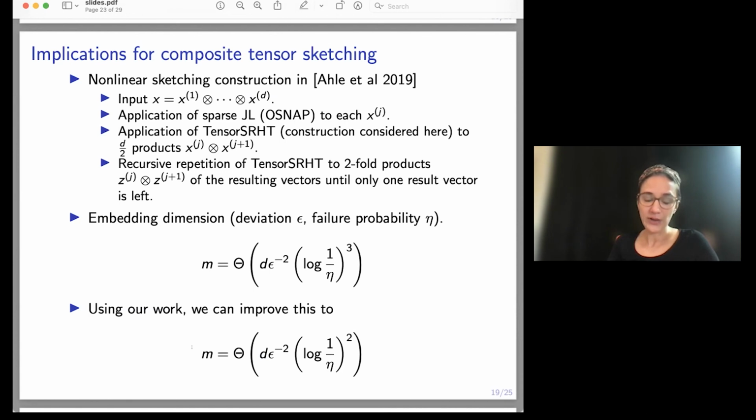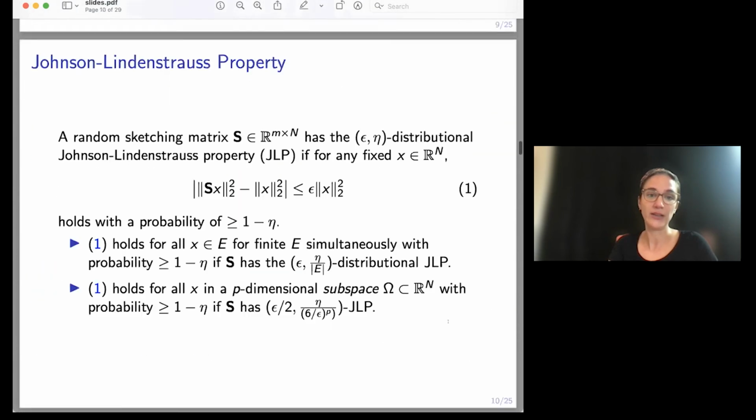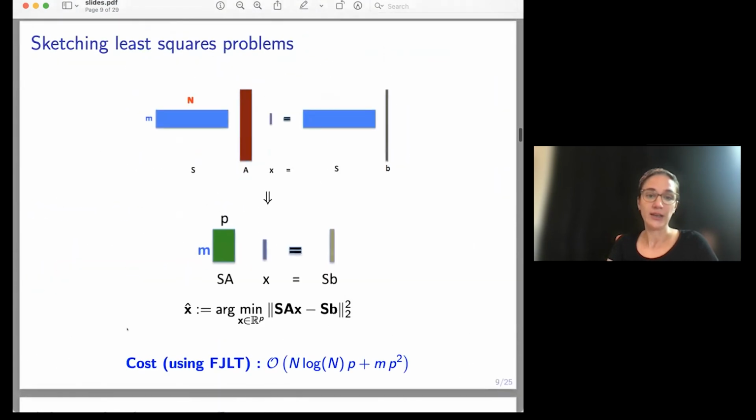And I believe that having a Johnson-Lindenstrauss property with this sort of dependence on eta, like this one, log 1/eta squared, implies a subspace embedding property that has the nice dependence on the rank of the matrix that we're embedding, like the linear dependence on the rank, which is what one really wants way back up here in the sketching least squares.